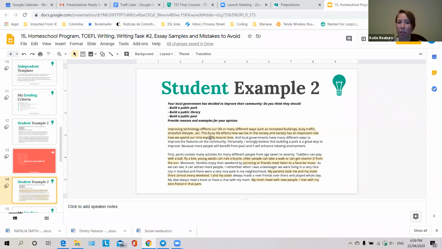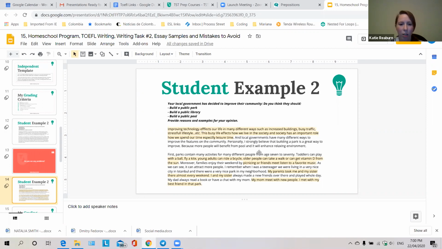I think we want an opening sentence here that talks about the topic, that talks about how the community has needs. However, who is to say which one is the most important?